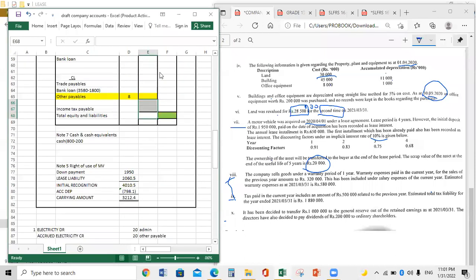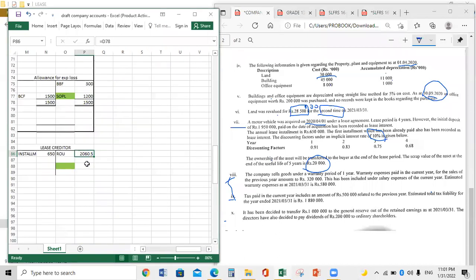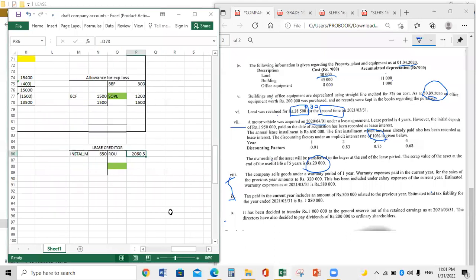So how to find 10%? You will take the lease creditor value, multiply it by 10%. How much do you get? How much is the interest? 2,060,500 into 10% is how much? 206,050, something like that.